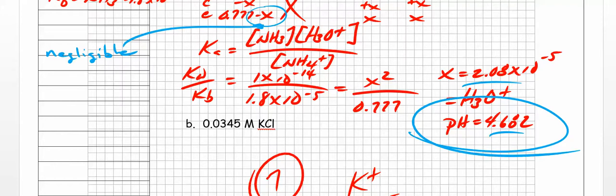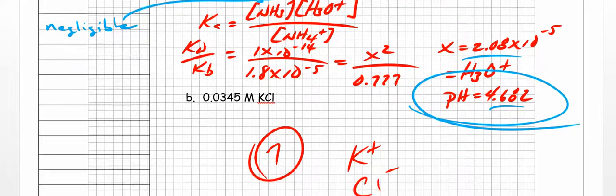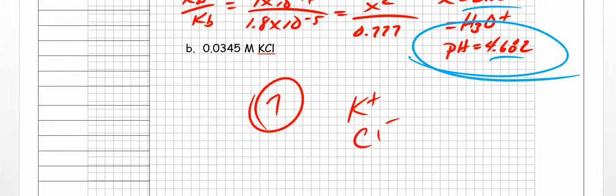All right, let's take a look at this one right here, and then I'll have you do one on your own. We've got 0.0345 molar KCl. First of all, what are the parents? The parents are KOH and hydrochloric acid.